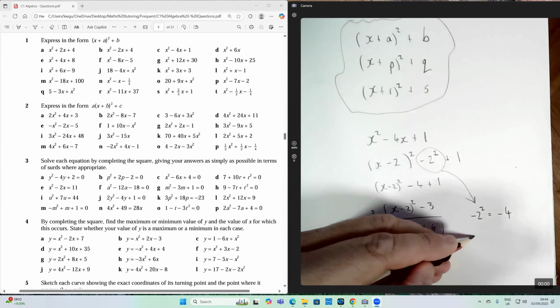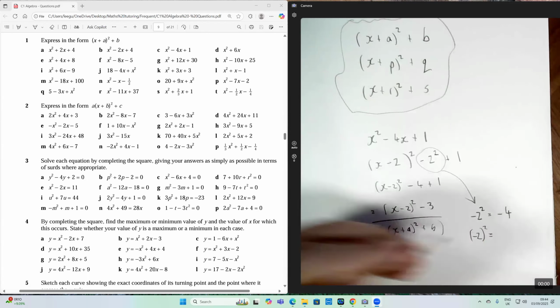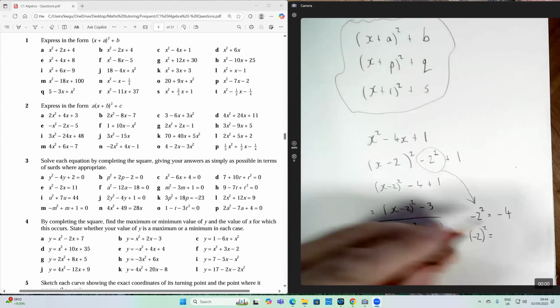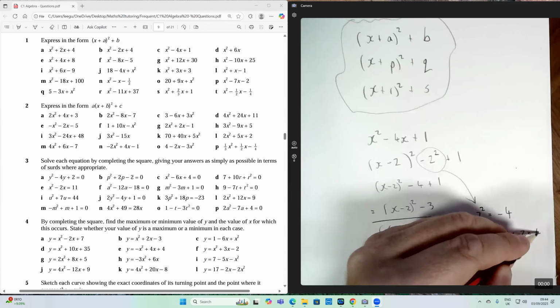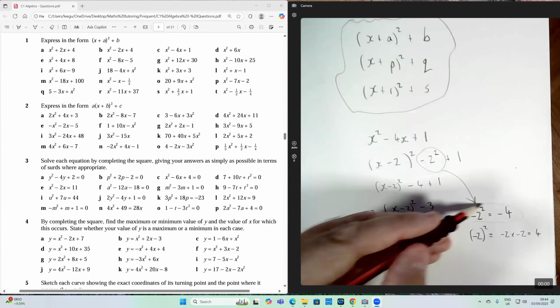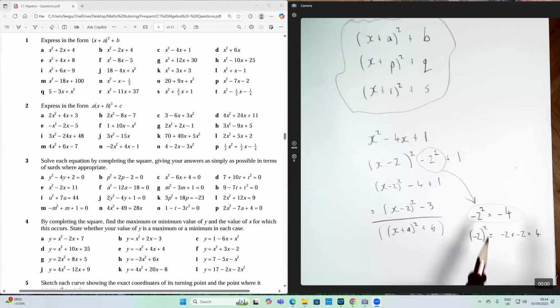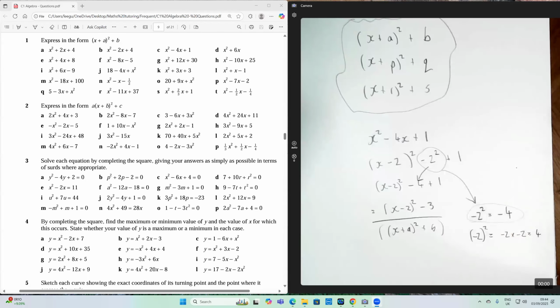But actually, if we wanted it to be positive 4, we would have to have minus 2 in brackets like that, because that would mean minus 2 times minus 2, which would be positive 4. Okay, so that's the first place where some students sometimes make errors. So minus 2 squared means minus 4. So hence, that's why here I took away minus 4.